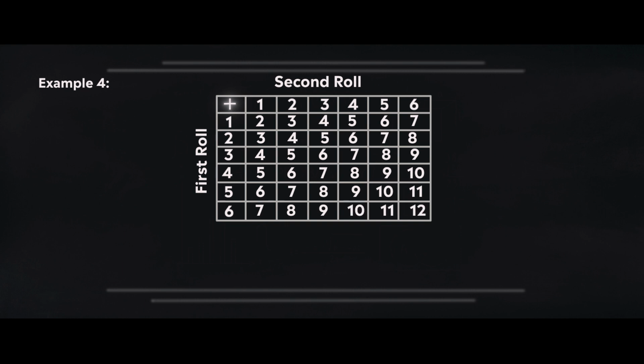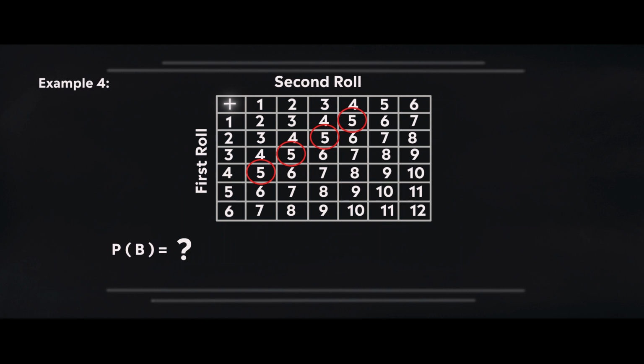So what is the probability of getting event B? You have to look for sum 5. How many favorable outcomes are there on the outcome chart? 1, 2, 3, 4. So there are 4 favorable outcomes.